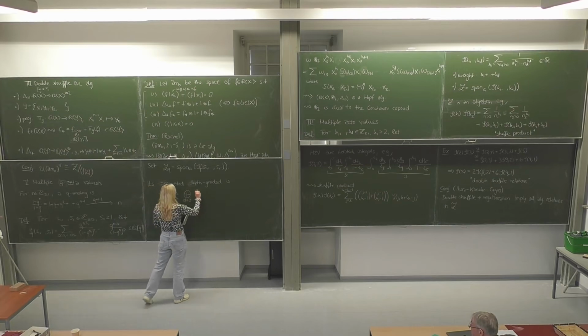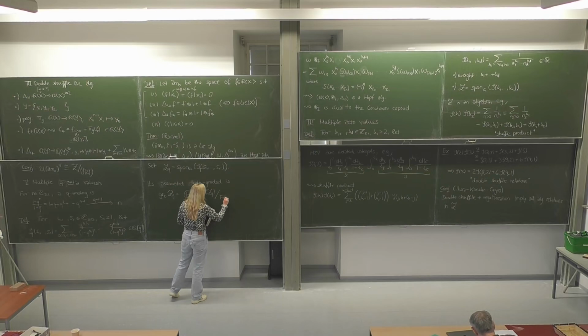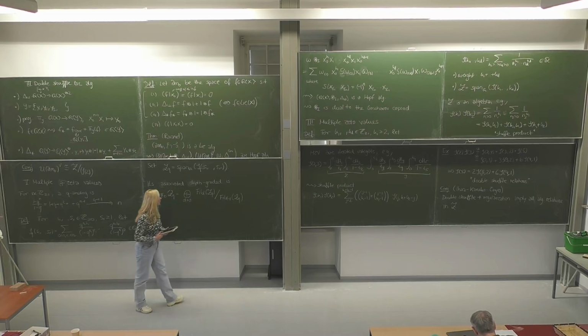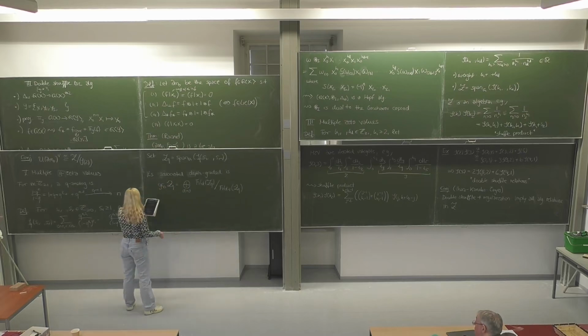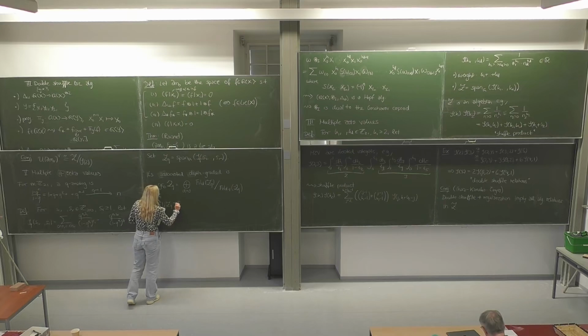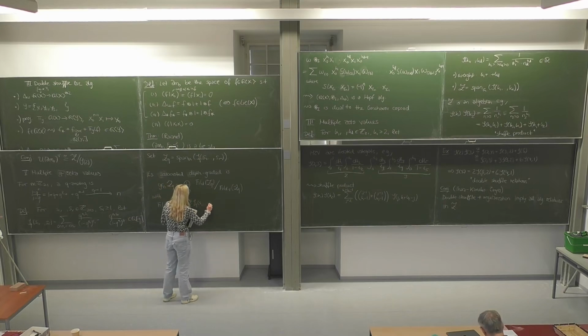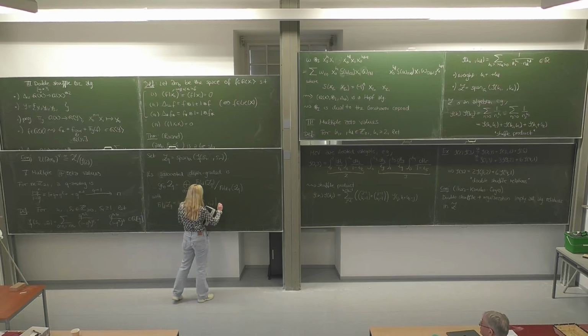So it's a direct sum over the d-filtered component modulo the (d minus 1)-filtered component, where these filtered components are with respect to the depth, which means the space spanned by all these multiple q-zeta values where the weight minus the number of zeros is smaller or equal to d.